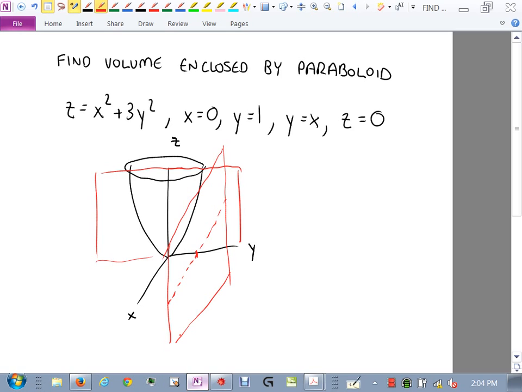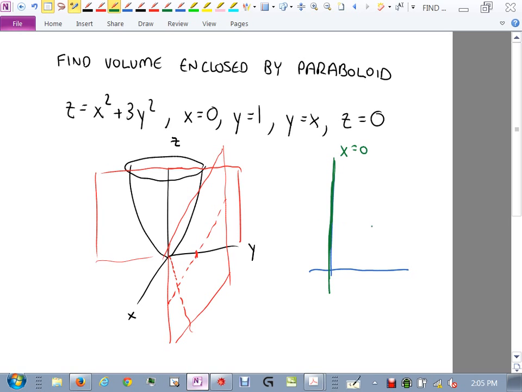Y is equal to X. It'll be a plane. It cuts through diagonally on the ground like this. I'm not going to draw the plane because it's just going to look like a mess. Z equals 0, the XY plane. So let me try a two-dimensional picture over here. X is 0 was this, right? That's X is 0.